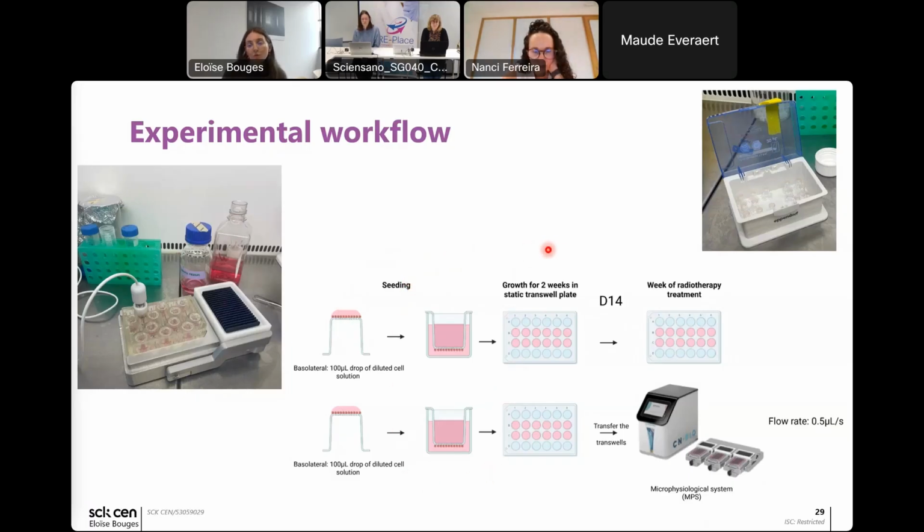We grow the monolayers for 2 weeks in a static plate, so without any flow. And then when they reach confluence after 2 weeks, we transfer the transwells into our plate that goes into the MPS with a flow rate of 0.5 microliters per second.